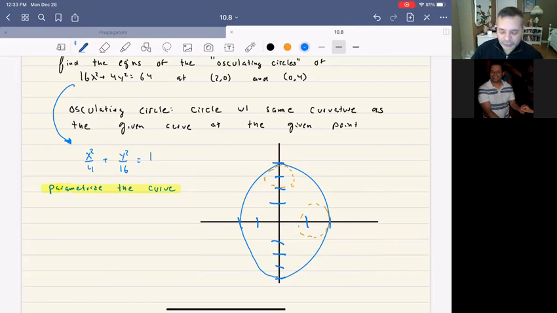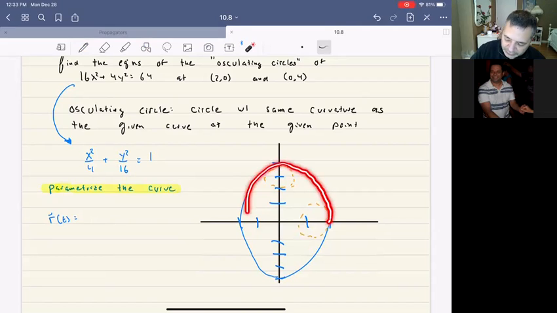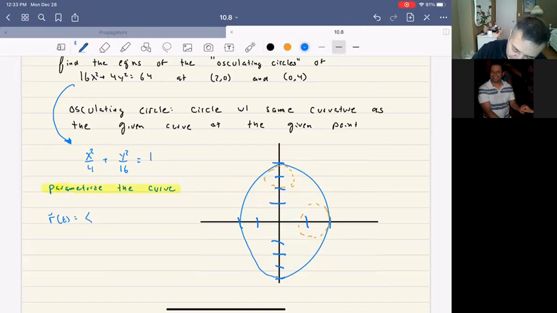Okay, so our r of t, I'm going to do it in the standard way, starting from here, going counterclockwise. So my x is going to be 2 cosine t, and my y is going to be 4 sine of t. Let's just put a 0 on there.